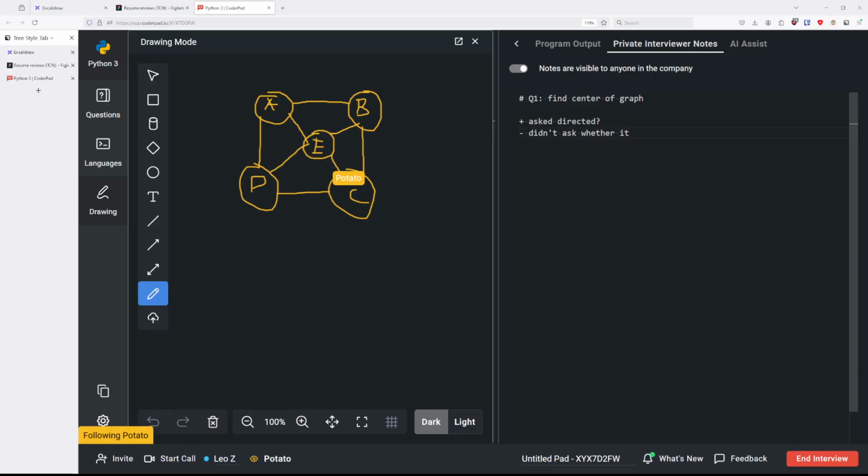Your edges are represented as a pair of integers, not a pair of characters, but you would return E. Okay, got it.